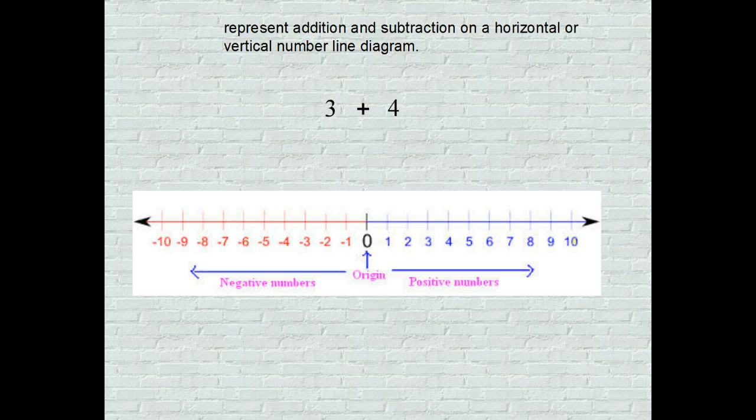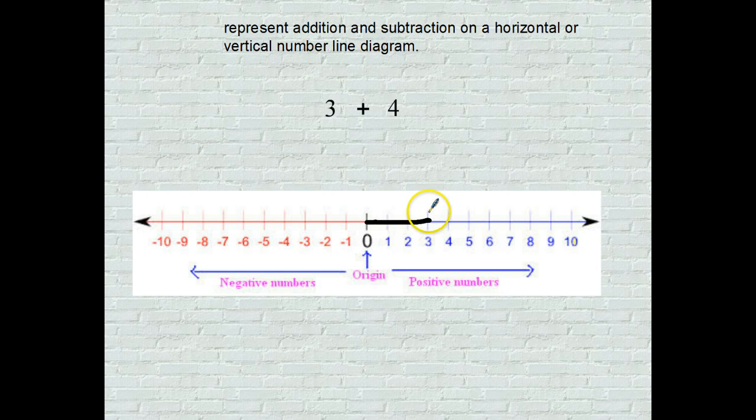I'm going to take my marker and I'm going to start at 0. I'm going to go from 0 to 3 because I am starting at 3. If I'm going to add 4 to that, what direction do you think you're going to go if you're adding 4? You're going to go to the right.